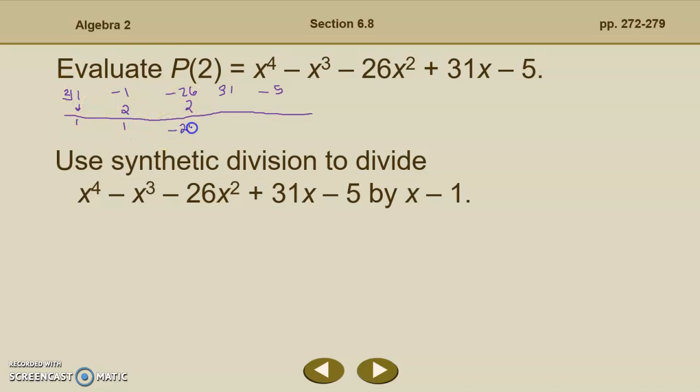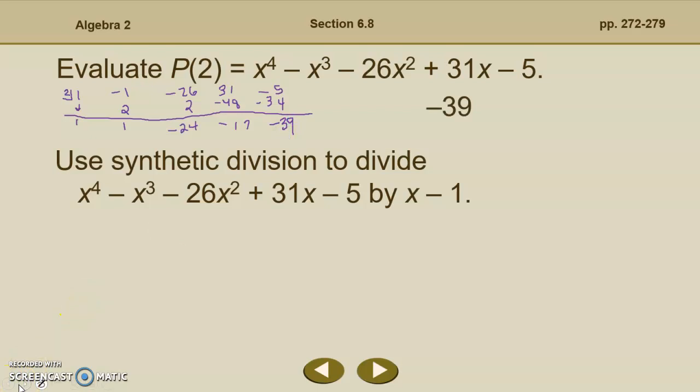We get -24 here. 2 times -24 is -48, and then we add, and we get -17, and 2 times -17 is -34, and then we add, and we get -39.